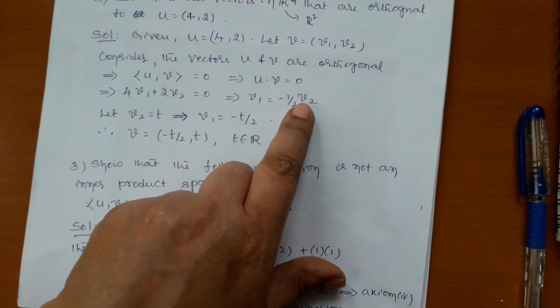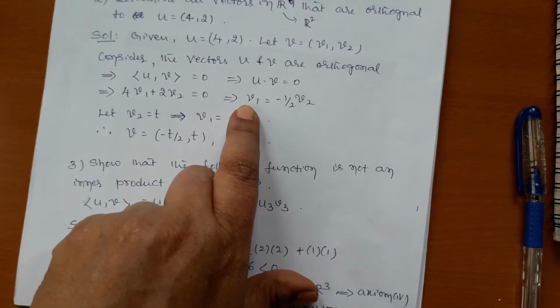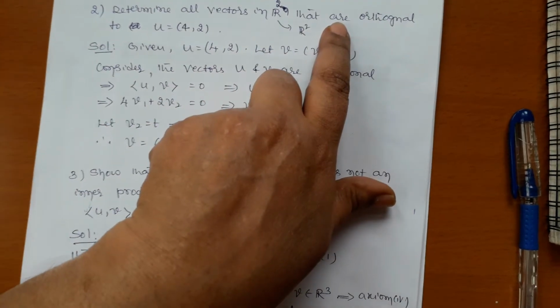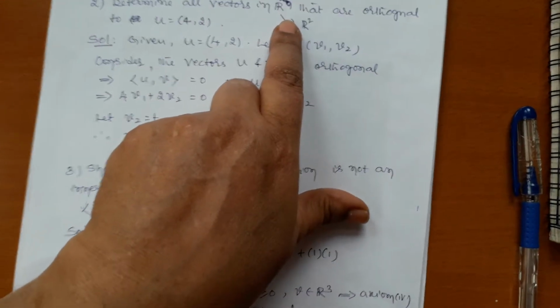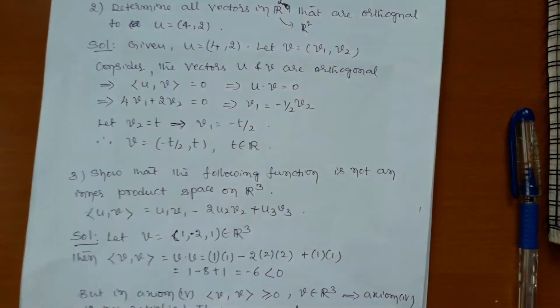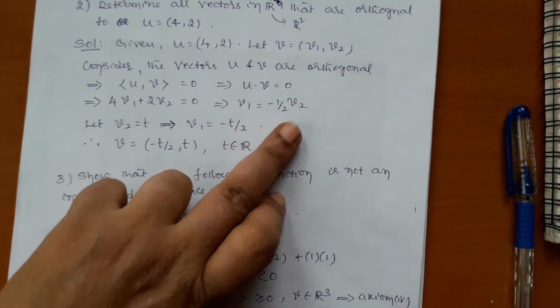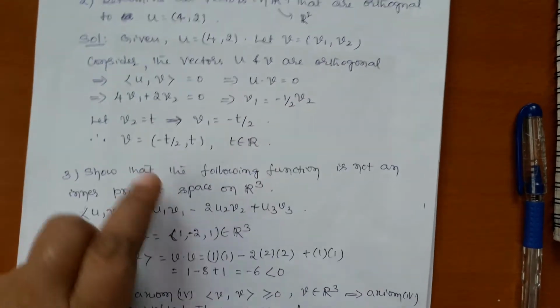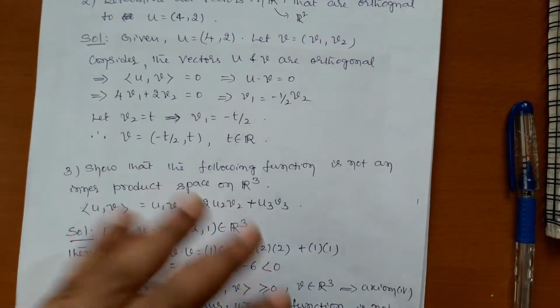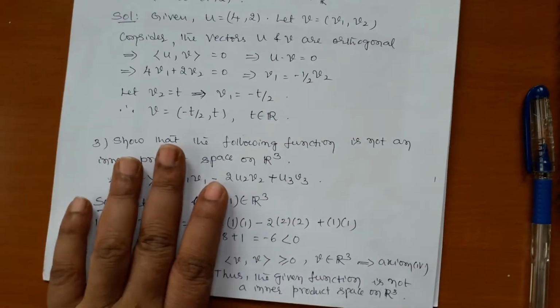Now for different values of v2 we get different values of v1. That's why we determine all the vectors in Euclidean space with dimension 2 that are orthogonal to this. We don't get just one vector. Give different values: v1 depends upon v2. Give different values of v2 in the set of real numbers, and we get the corresponding v1.